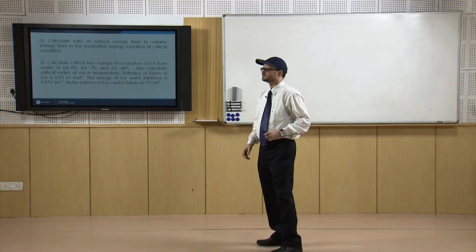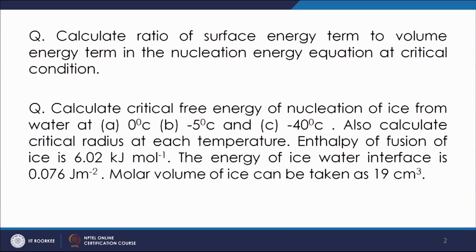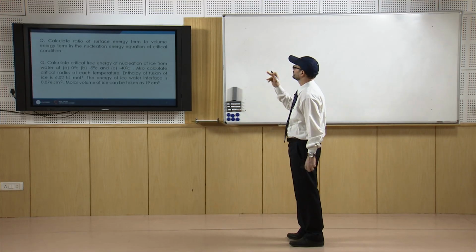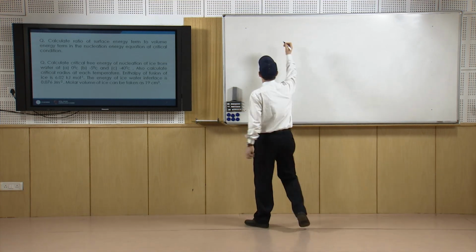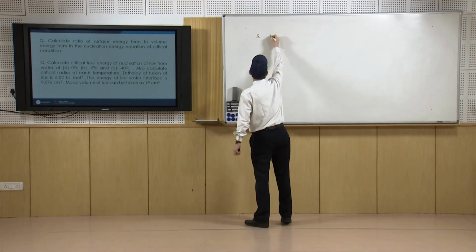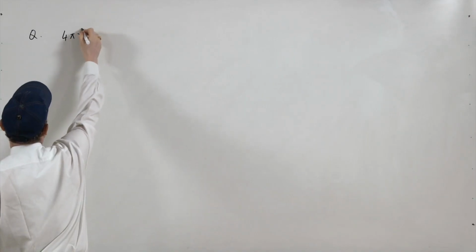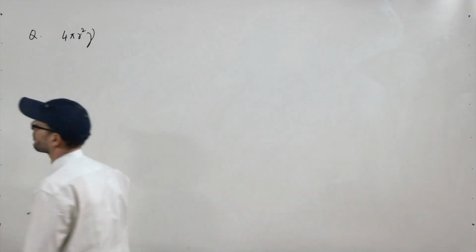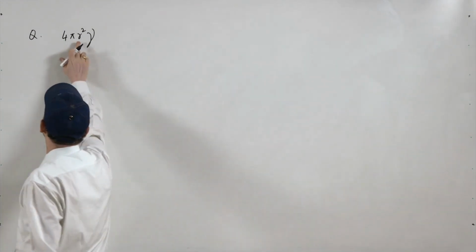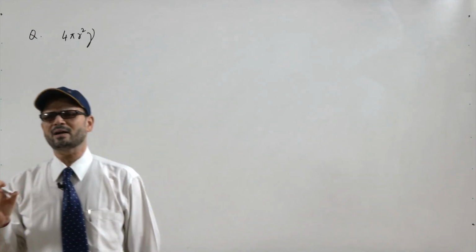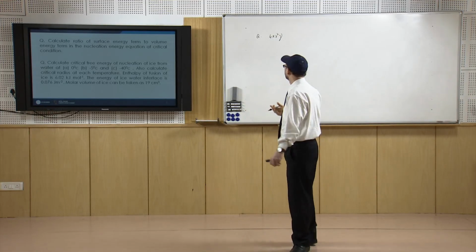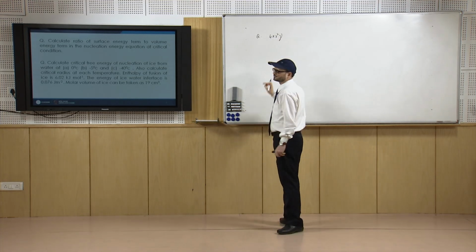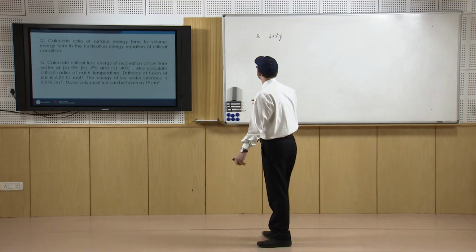The first question is, calculate the ratio of surface energy term to volume energy term in the nucleation energy equation at critical condition. You know that the surface energy term is nothing but 4 pi r square gamma, where r is the radius of the spherical particle which is supposed to be nucleated, and gamma is the surface energy per unit surface area.